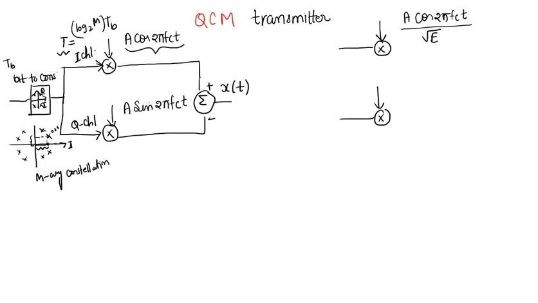Similarly, we also normalize this with the energy. Here this is the bit to constellation mapper.